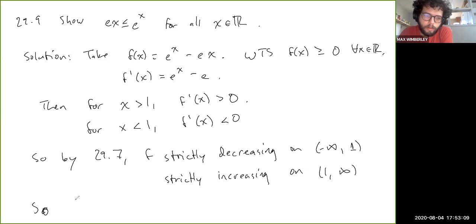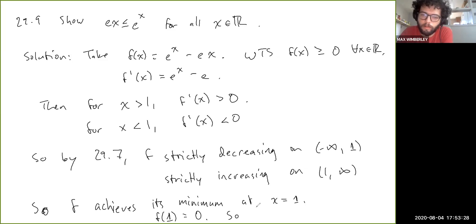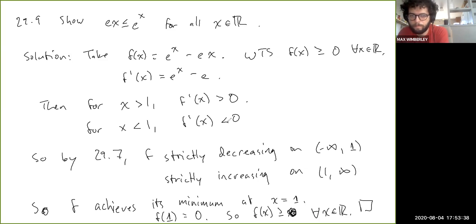So f achieves its minimum at x equals 1, right? And f of 1 is 0. So f of x is greater than or equal to 0 for all x in R, which is what we were trying to show, right?